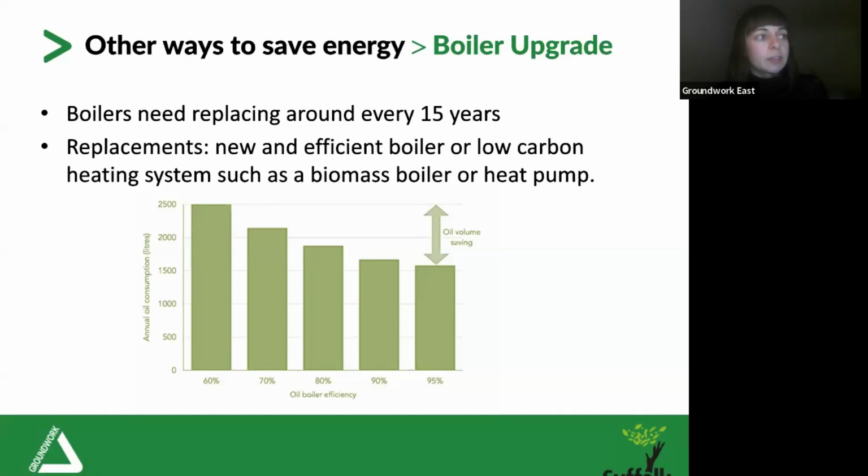You can see the difference between a 60% efficient boiler, which is more of your G-rated boilers, and a 95% efficient boiler can make a big difference in saving. That's about £921 worth of savings there. So just upgrading and making sure that you've got boiler systems running as efficiently as possible can make a difference. Great, I'm going to move on to renewable energy.